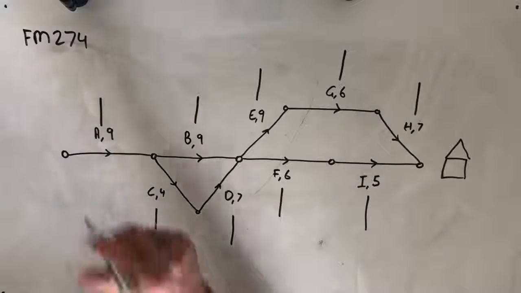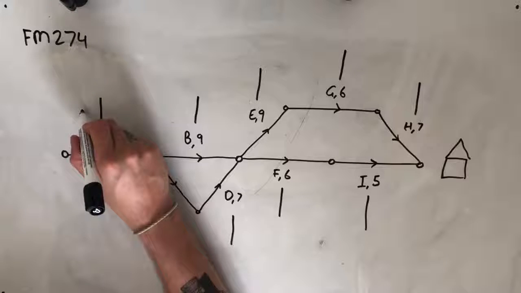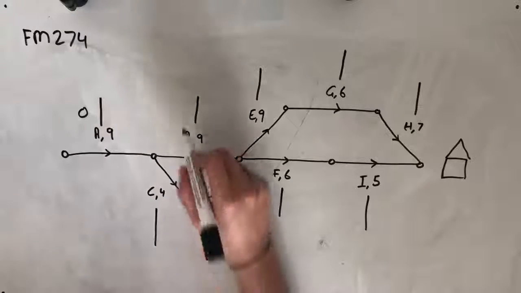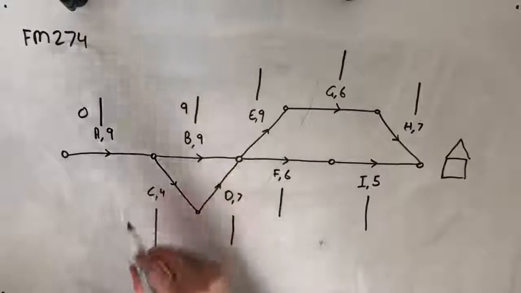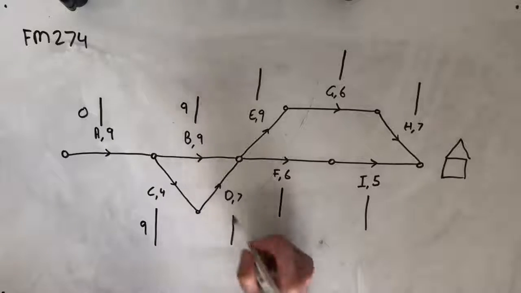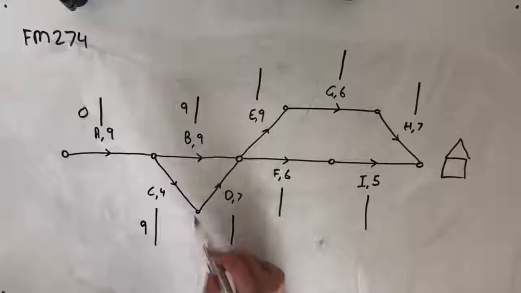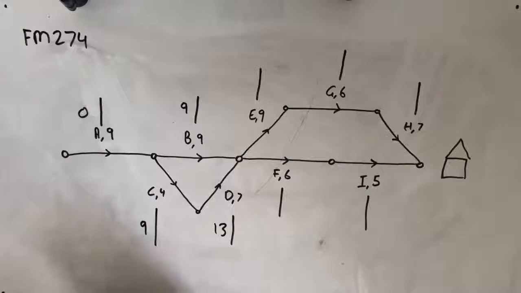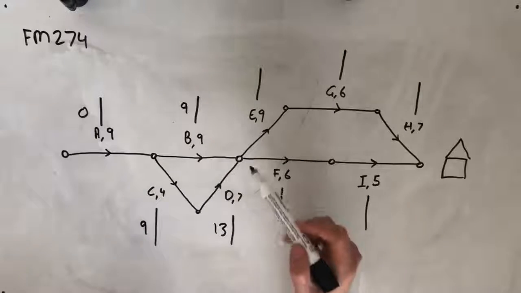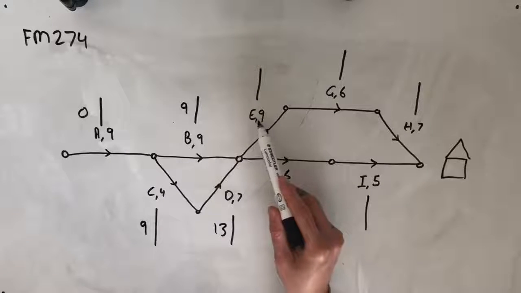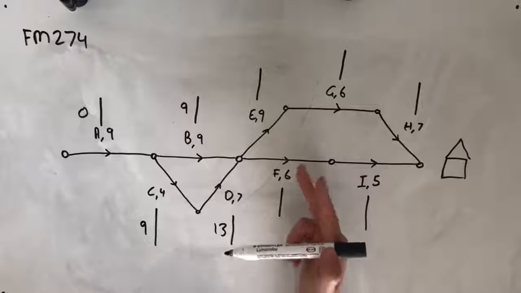So we'll start with A. A is going to have an earliest starting time of 0. B, coming off of A, will have an earliest starting time of 9, as will C. From here, D will have an earliest starting time of 13, given that C had an earliest starting time of 9 and a duration of 4. And from here, for E, to find its starting time, we have to compare the two potential starting times.